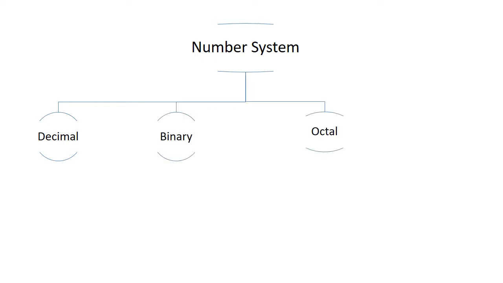But in computer science, we'll be focusing on four kinds of number systems. They are the decimal number system, binary number system, octal number system, and hexadecimal number system. These are the four types of number systems that we'll be focusing on.